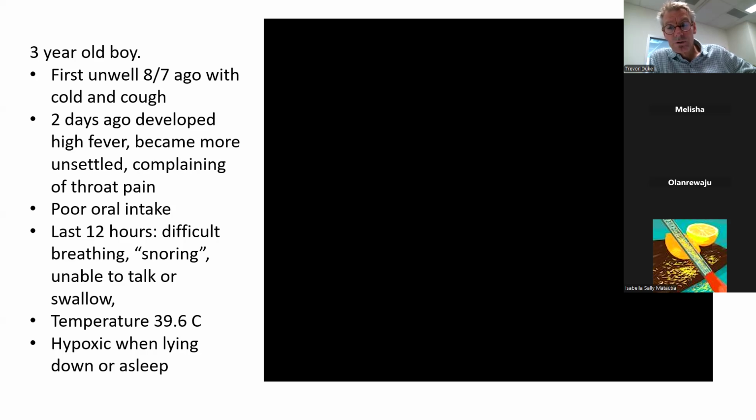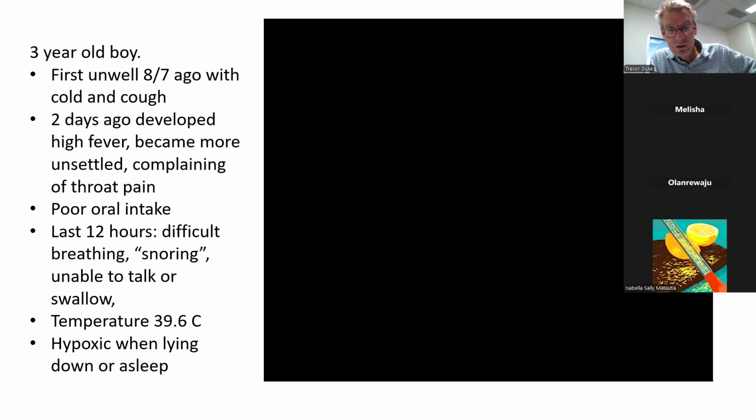He wasn't drinking or swallowing for the previous 12 hours, and his parents noticed that he had difficult breathing and he was snoring a lot, even when he was awake, and much more when he was asleep. He was unable to talk and he couldn't swallow. And these are symptoms that should alert you to a certain type of upper airway obstruction. And I want to go through that today.